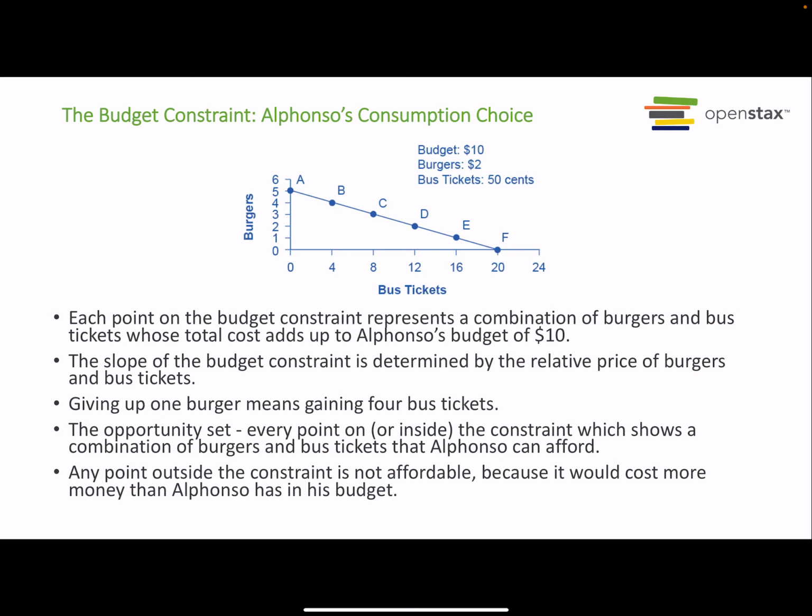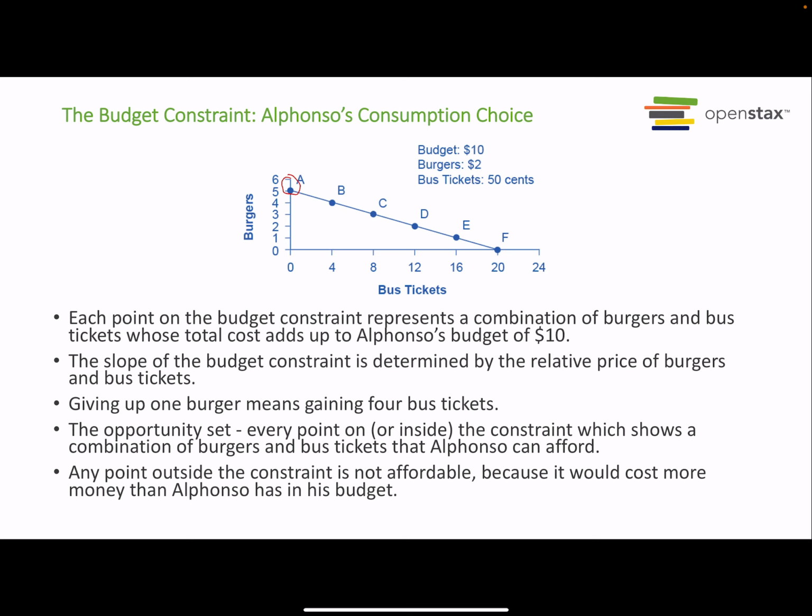Here's an example for Alfonso's consumption choice. He has a budget of $10. He could purchase burgers that are $2 each or bus tickets for 50 cents. You can see on our endpoints, if Alfonso spends all of his $10 on burgers, he would be able to purchase and consume 5 hamburgers.